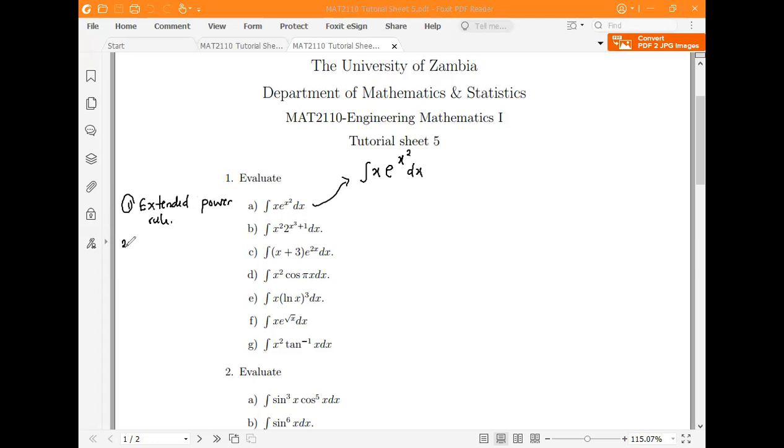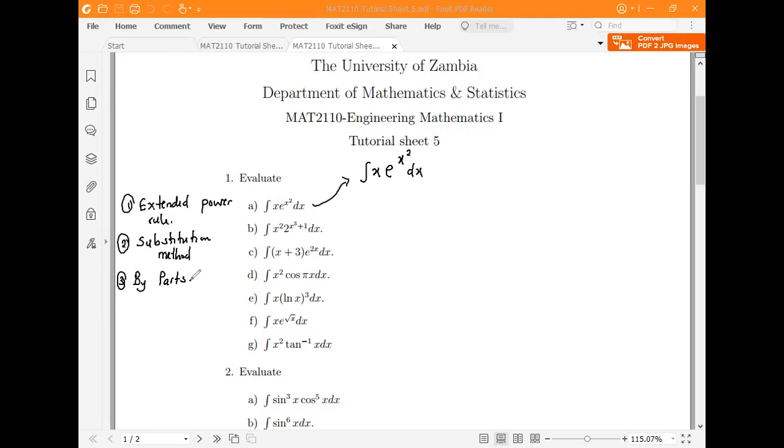Two, we have a substitution method. And three, we have by parts. These are the main three methods that we have.